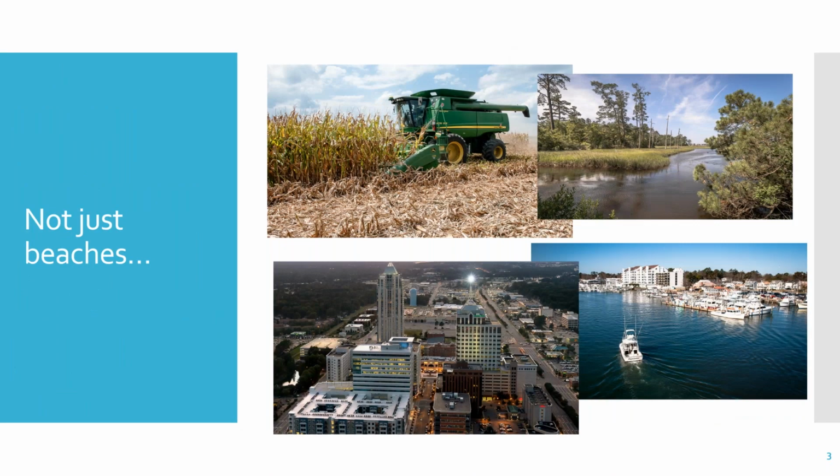When you think of the city of Virginia Beach, you definitely do think about beaches, but we're not just beaches. A large portion of the landmass of the city is also agricultural uses. We have a suburban area with some of our highest and most expensive property along the shorelines that are highly developed. We have riverine situations with wetlands and other portions of the city where it is a bit more natural.